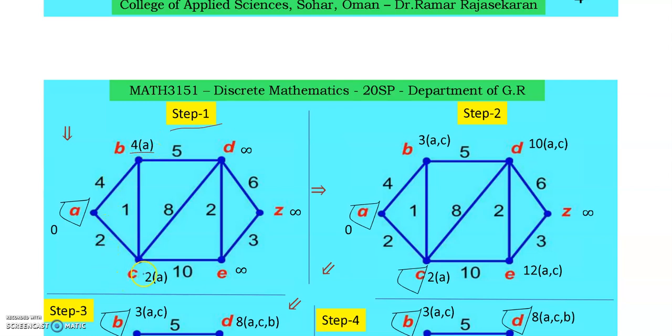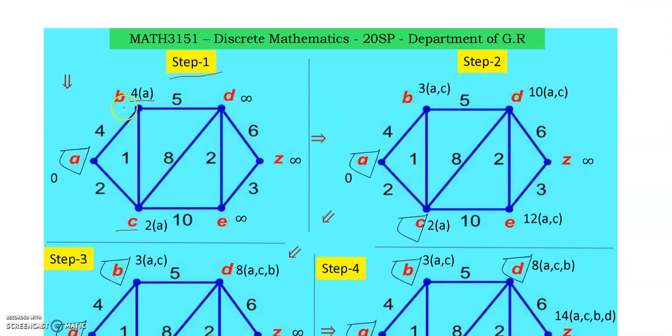Similarly, for this vertex C you write 2, because for A the distance is 0 and this edge has 2, so 0 plus 2 is 2. This is the distance to reach C from A, so you write A inside the bracket. This is step 1, and it is called relaxation.